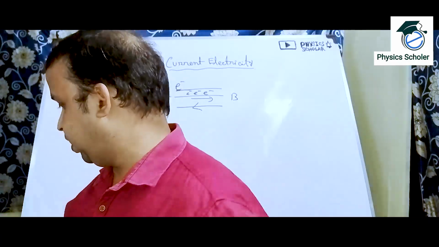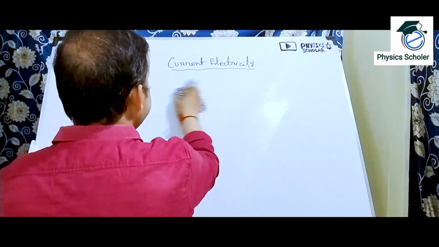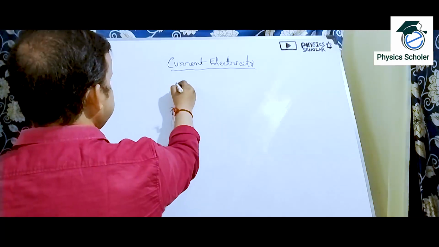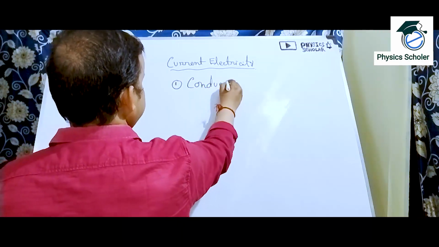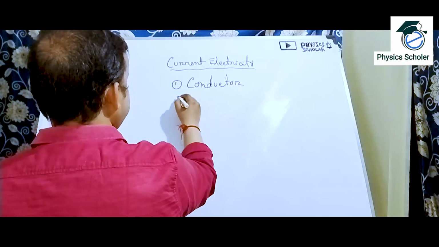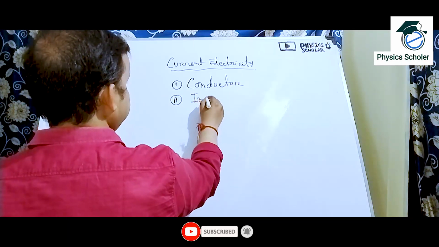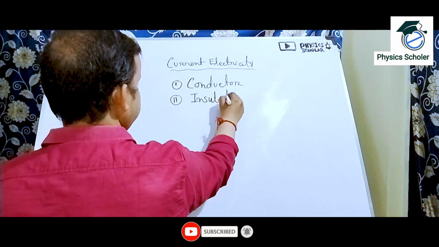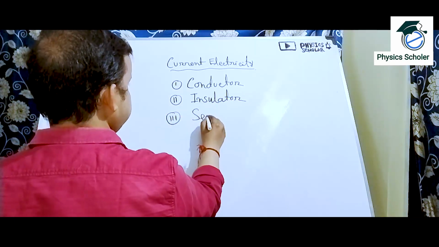Before we start, we have to understand three things. There are three types of materials. The first one is known as conductor, the second one is known as insulator, and the third one is known as semiconductor.